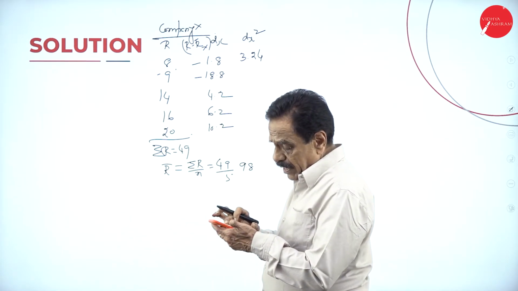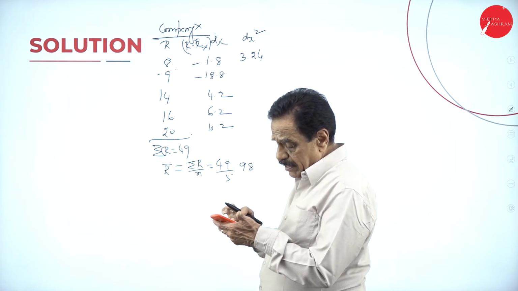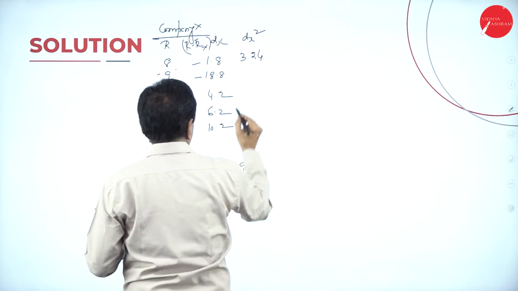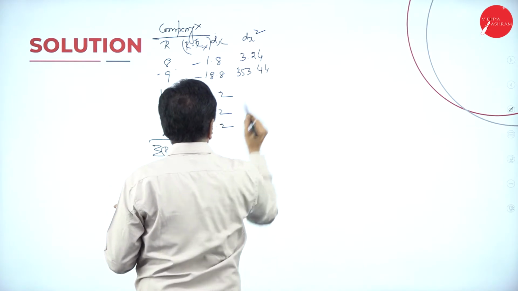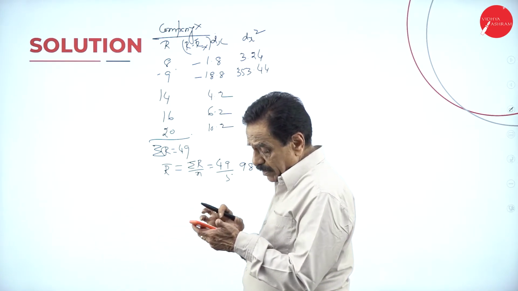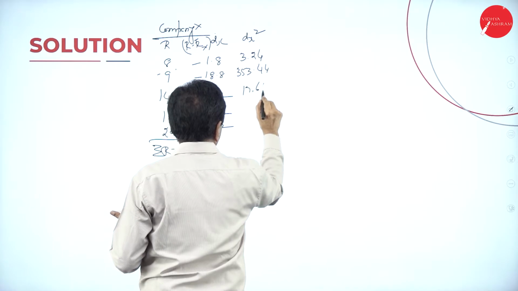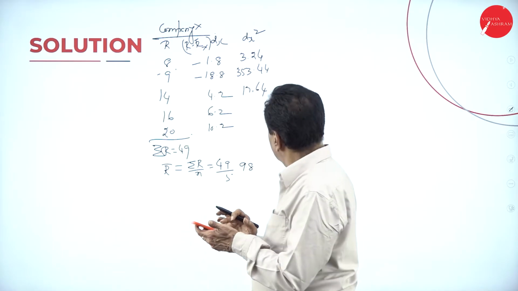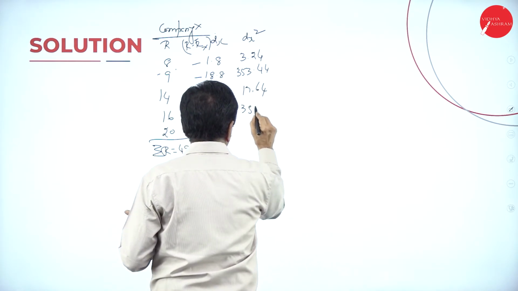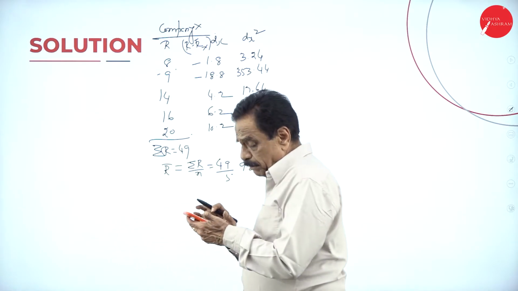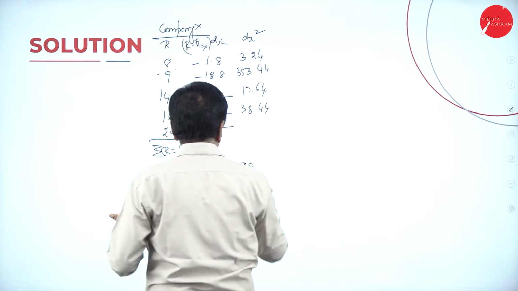Then 18.8 into 18.8 is 353.44. 4.2 into 4.2 is 17.64. Then 6.2 into 6.2 is 38.44. 10.2 into 10.2 is 104.04.